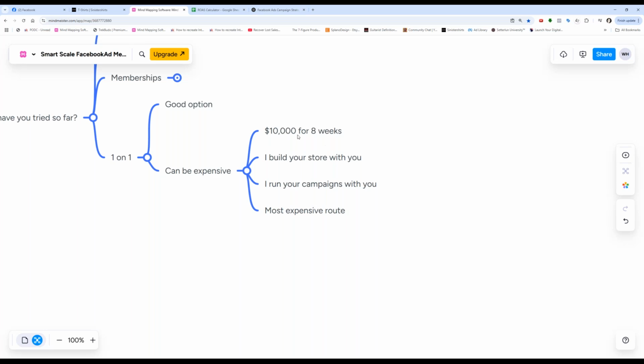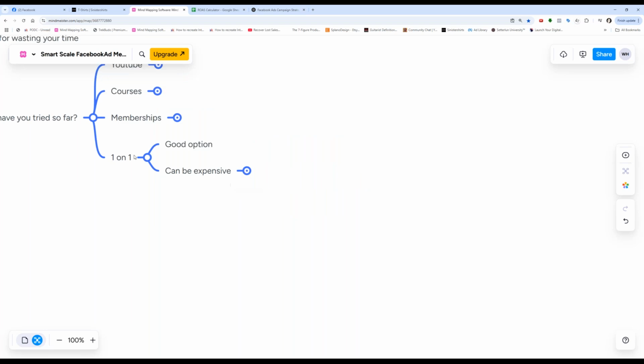It's kind of skipping everything that they would need to learn on their own. And there are programs too that I purchased myself that were $5,000, $10,000, and I did learn a lot, and I was very thankful for it. But the majority of the population is never going to pay $10,000 for a one-on-one program. It's just not going to happen.